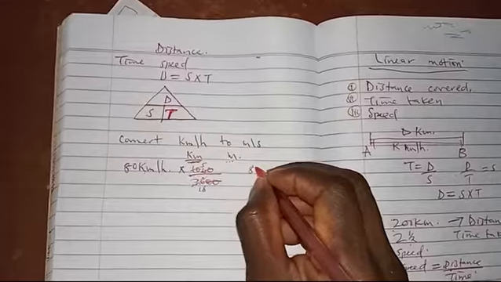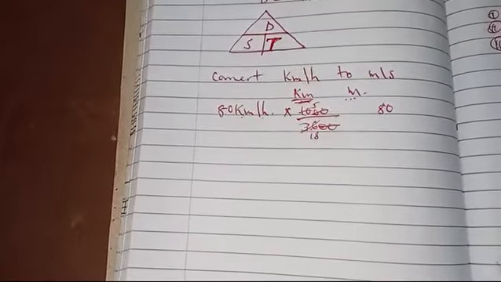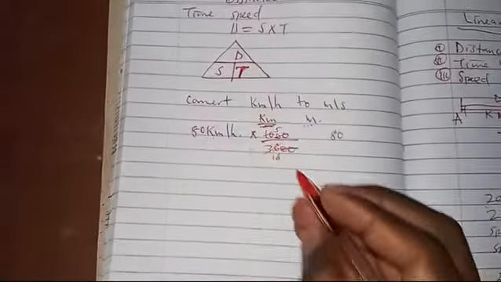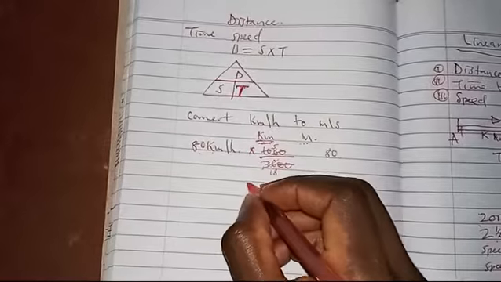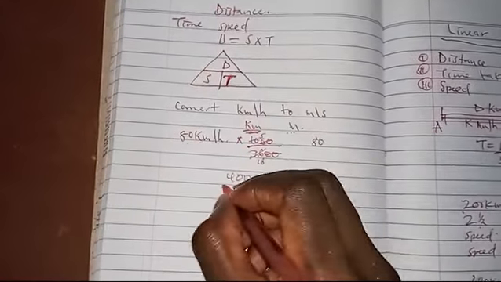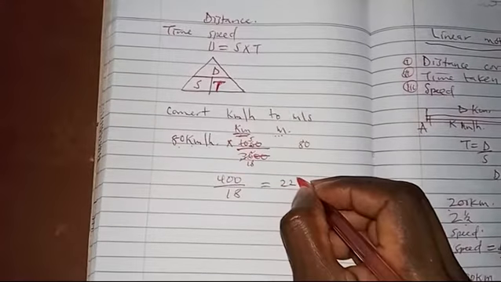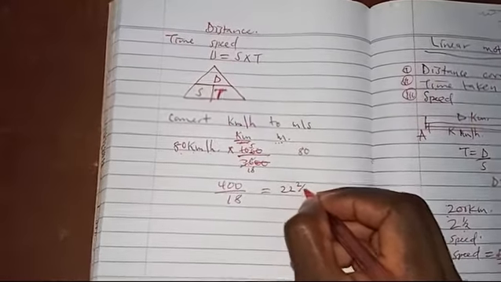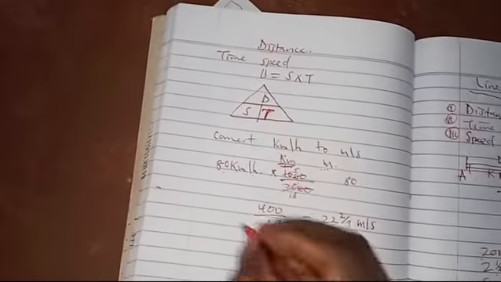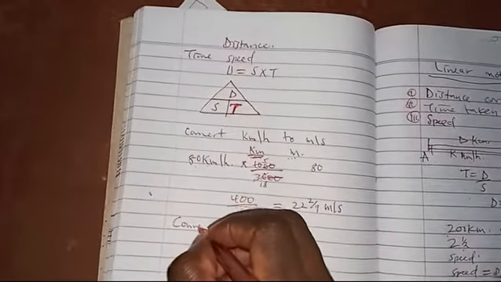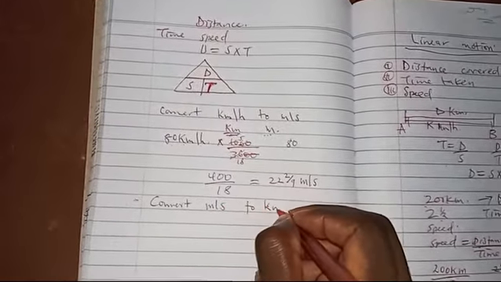So if you get 80 kilometers multiplied by 5, you get 400 divided by 18, and this gives you 22 and 2/9 meters per second.